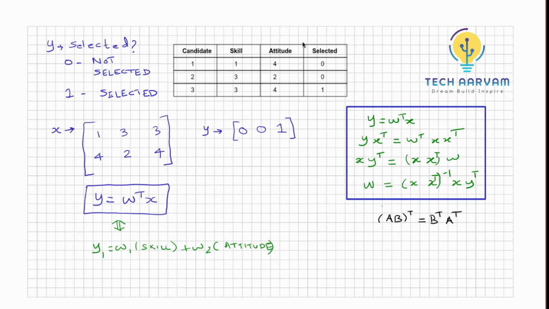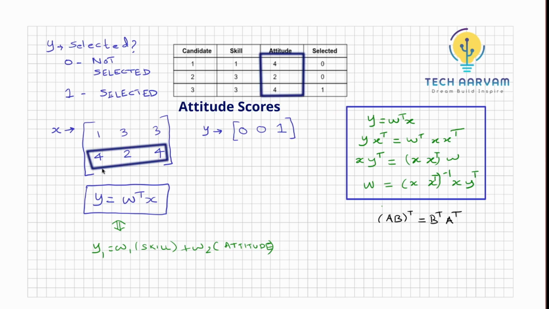So here there is a small data set of 3. Let us introduce the variables. Y is the overall output, which is the selected or not selected decision. X is the input data set. This is actually 1, 3, 3, so that is the first row. This first row corresponds to the skill scores in our data set.